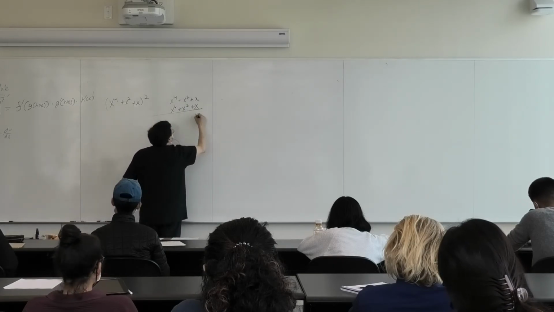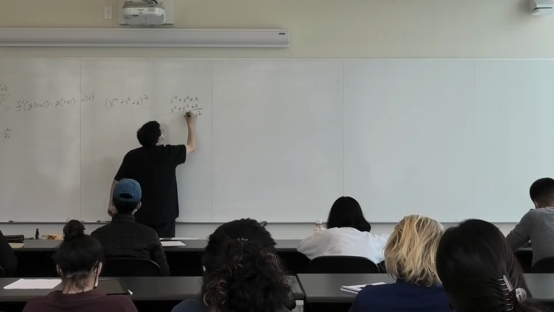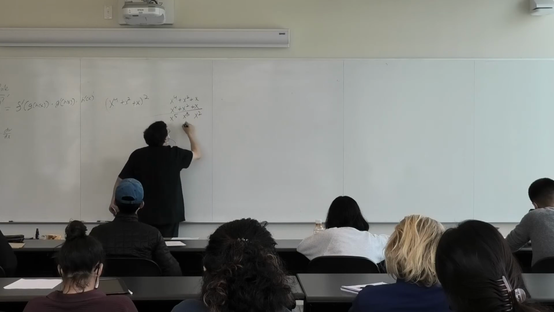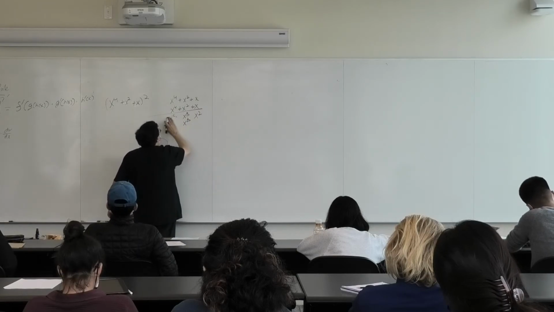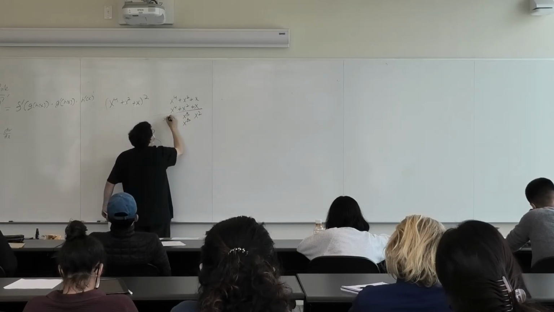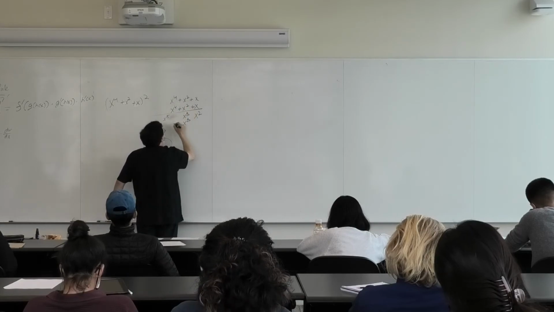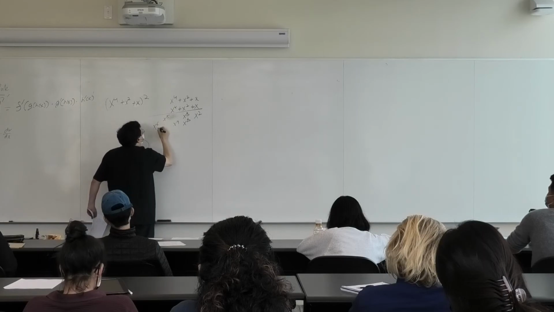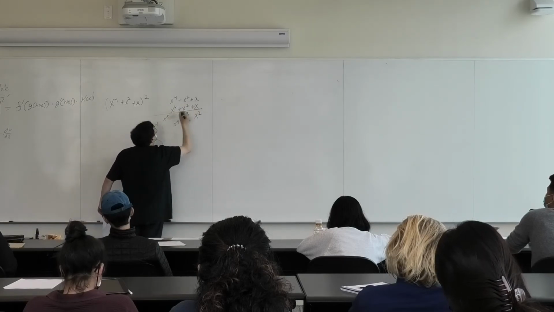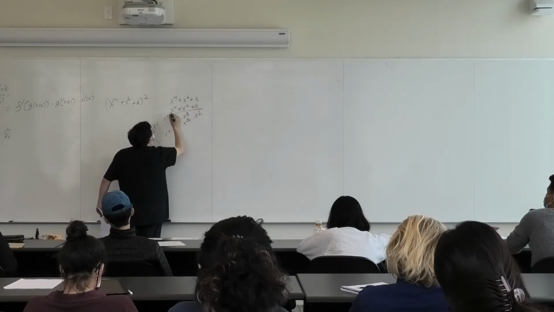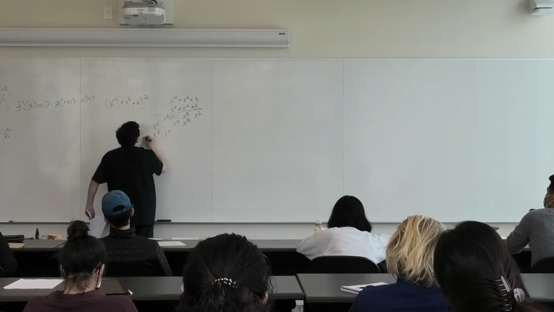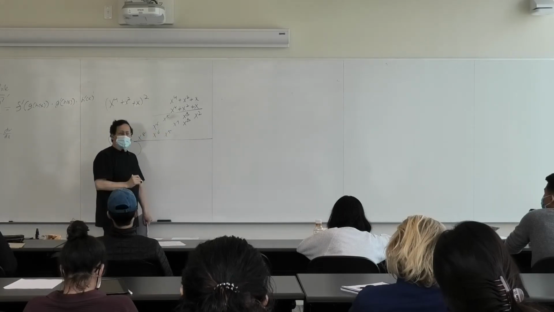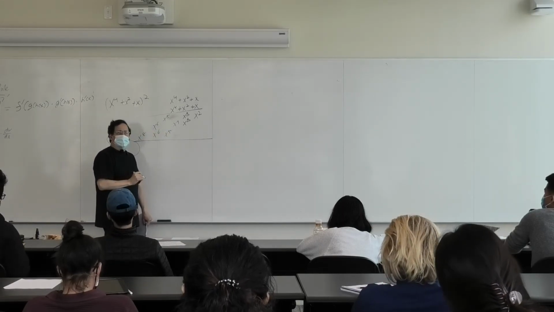Okay. x squared, x cubed, x to the 5th, x cubed, x to the 4th, x to the 6th, now I have x to the 5th, x to the 6th, x to the 8th. All right. Someone catch something?